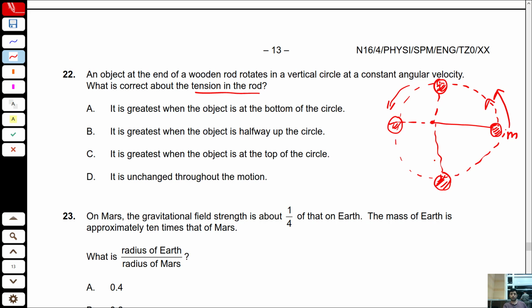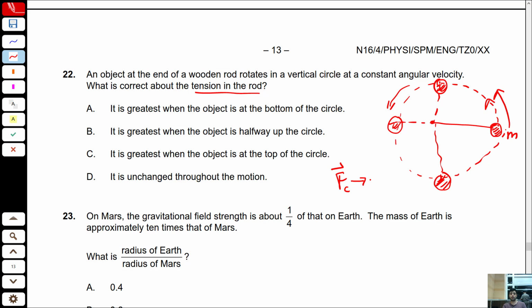Always remember one thing. Even though it doesn't matter where the ball is, it's always undergoing circular motion. So whenever a body is moving in a circular motion, there must always be a centripetal force acting on the body.